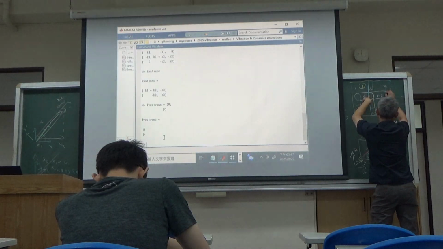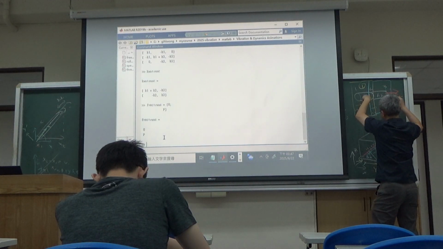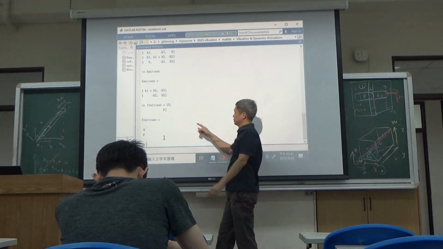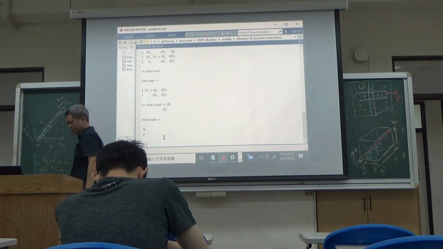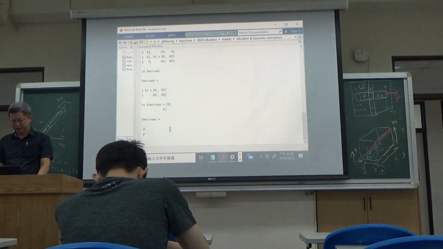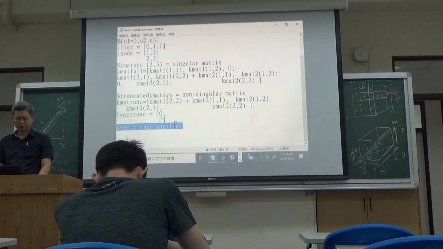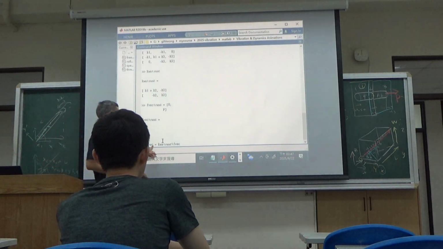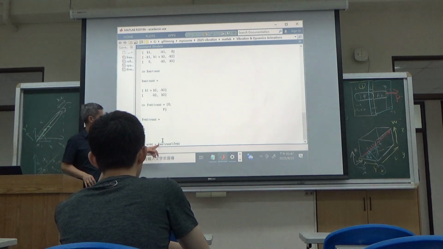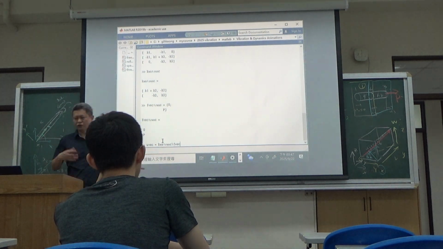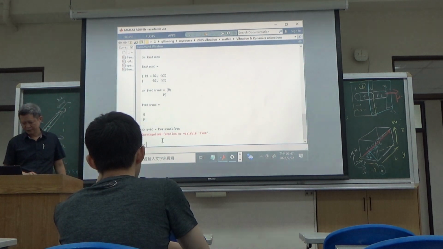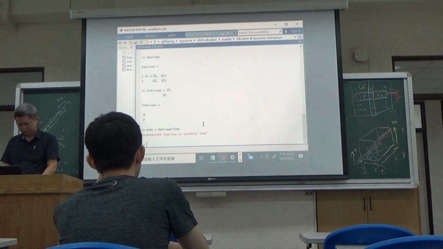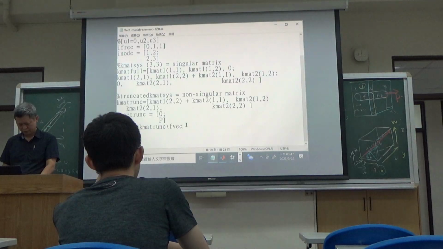And the force is acting on 3, so this is 0, E. And then, how do you do the solution? In MATLAB, the inversion is just K-net truncated, it's almost a division. It's also truncated.